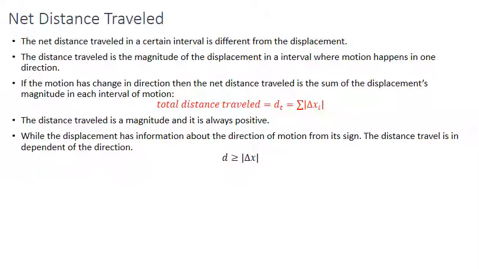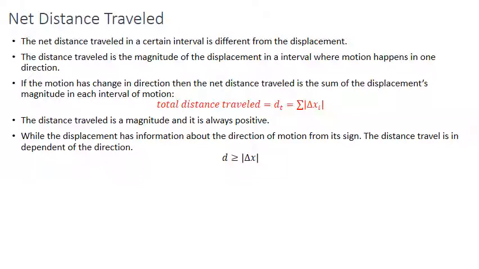So the total distance, I could define it as the total travel distance, and I could have it as the sum of the absolute value of the displacements. If the displacement is always in one direction, then d is going to be the absolute value of the total displacement.